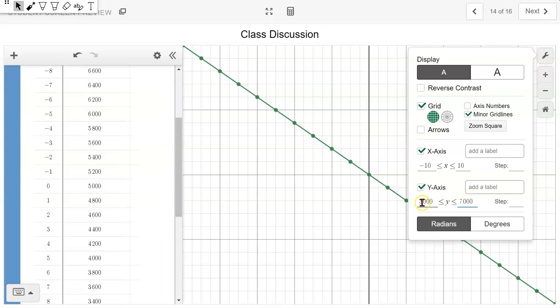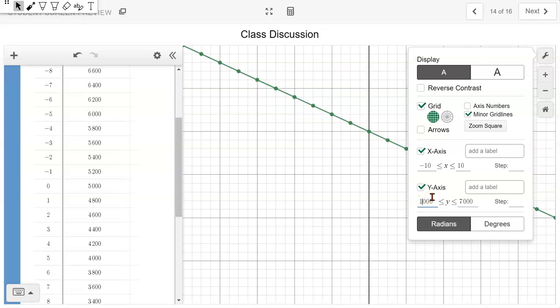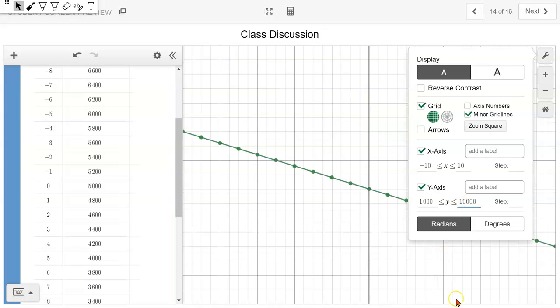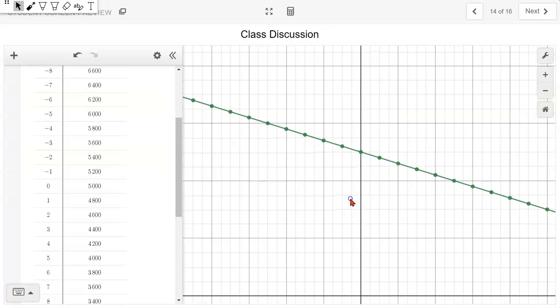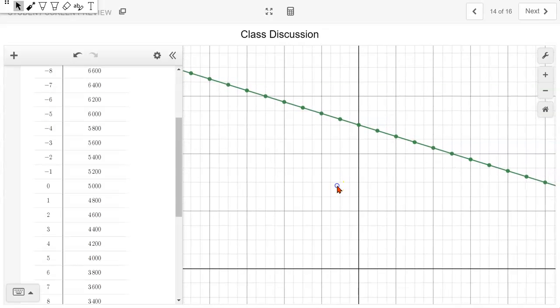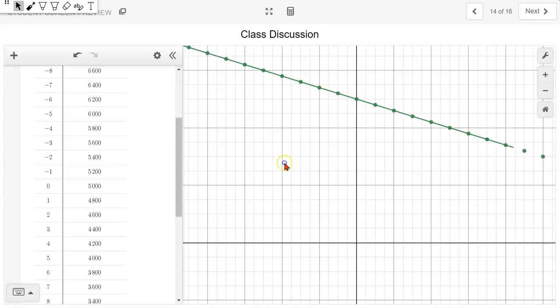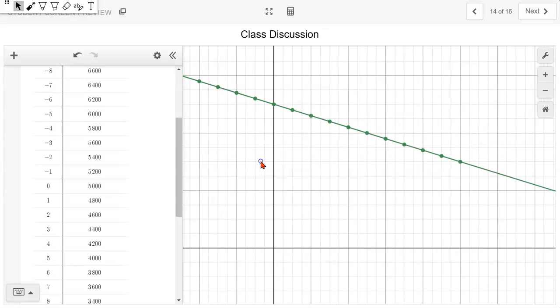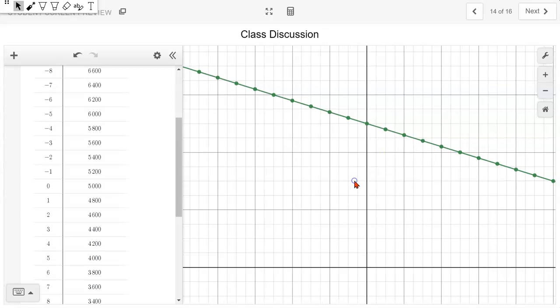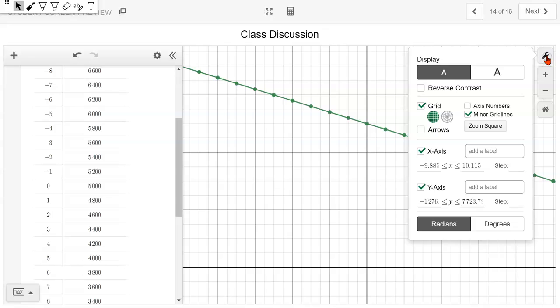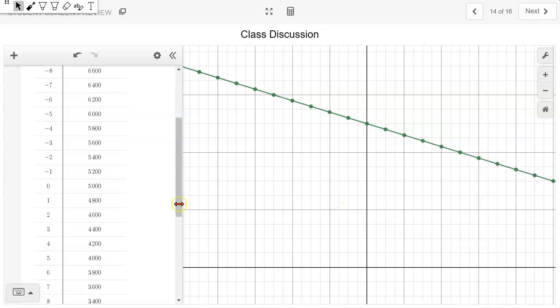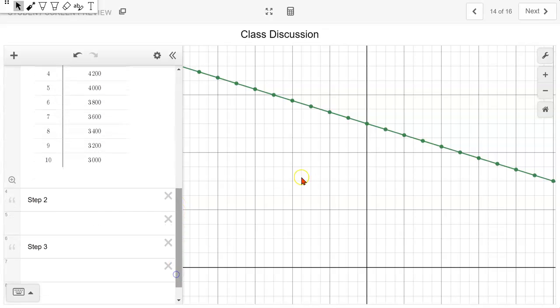You can change this to, let's say, from 1,000 to 10,000, or you can drag it like this, and with Desmos, that's why I like Desmos, you can move this around with your mouse. Okay, so don't forget, if you want to change the setting, all you have to do is click on this and change the x-axis and the y-axis.